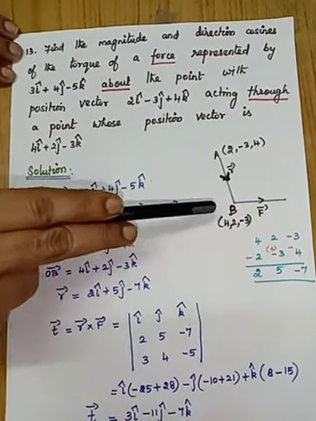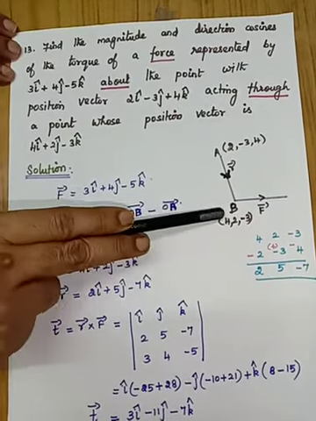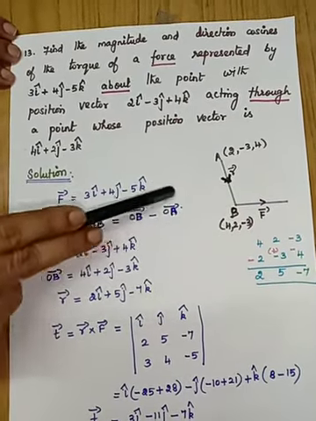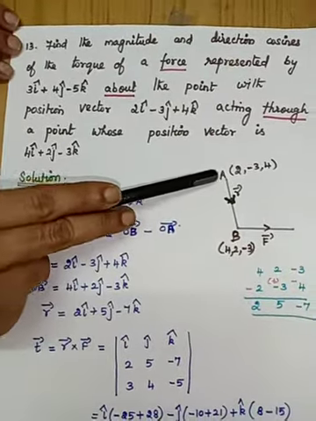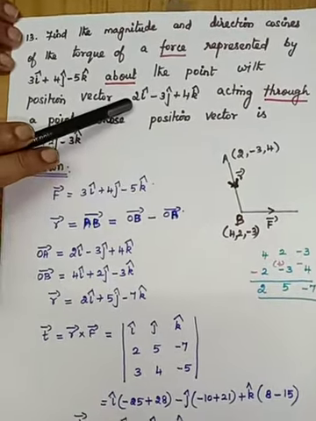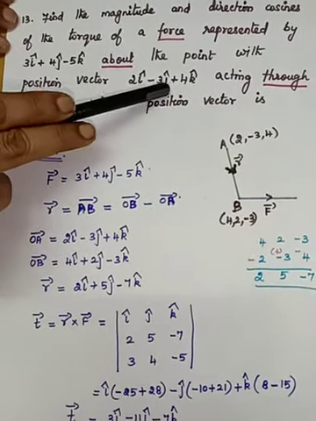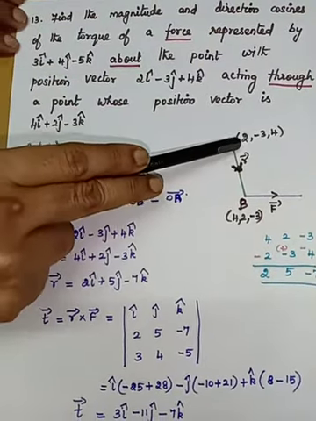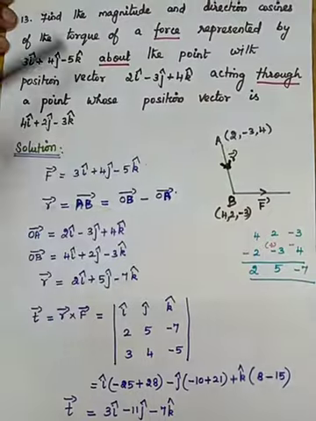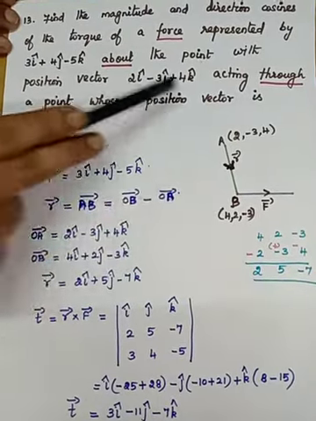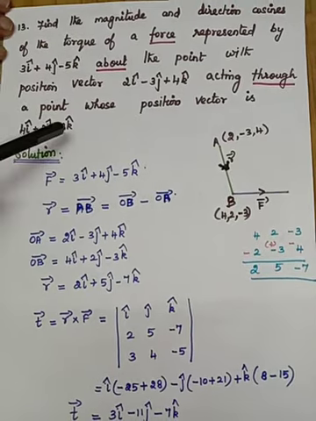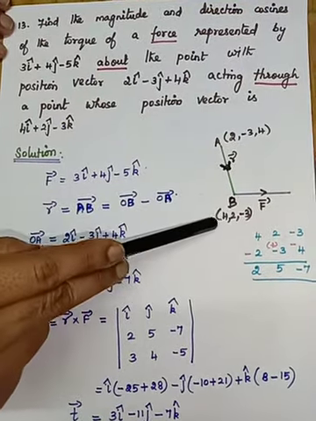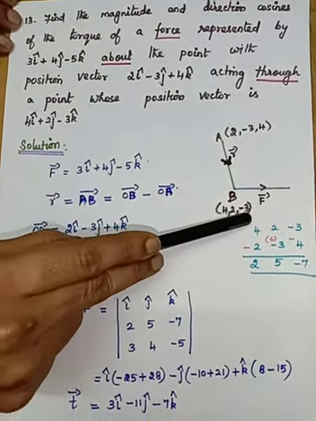The force acting through the point. Through the point minus about the point. So here I have written A is the about the point. About the point, the position vector is what? 2i cap minus 3j cap plus 4k cap. So I have written this as 2 comma minus 3 comma 4. And B is through the point, whose position vector is 4i cap plus 2j cap minus 3k cap. So I have written this point as 4 comma 2 comma minus 3.